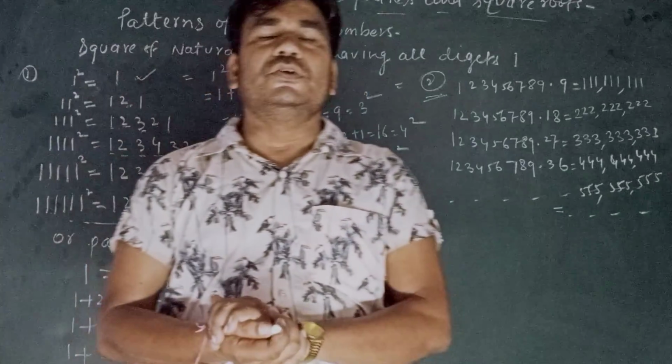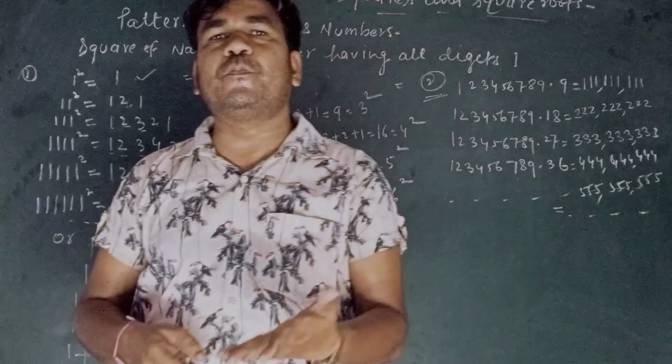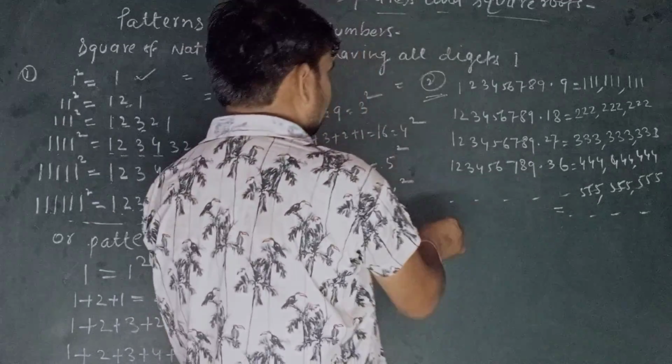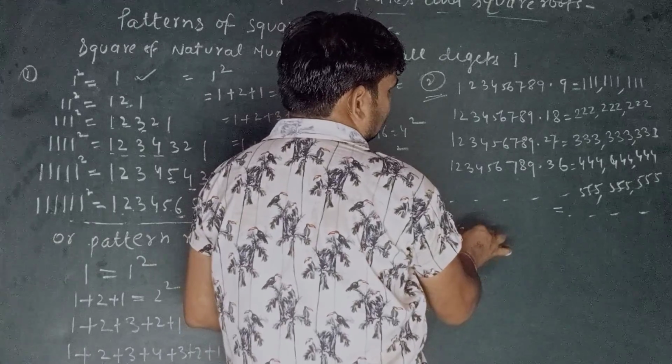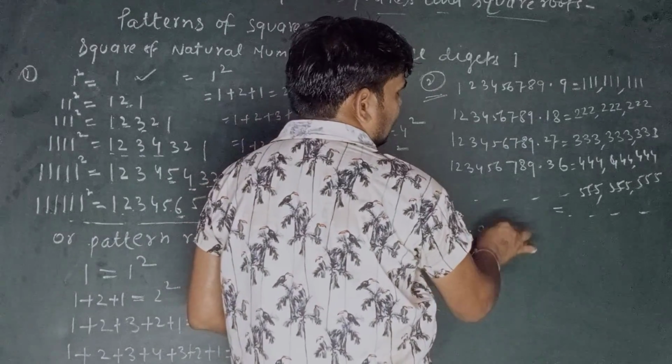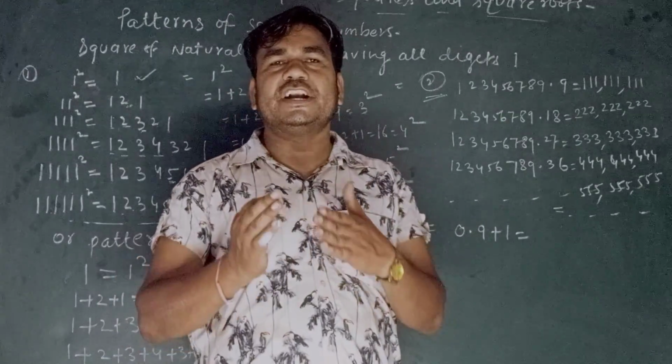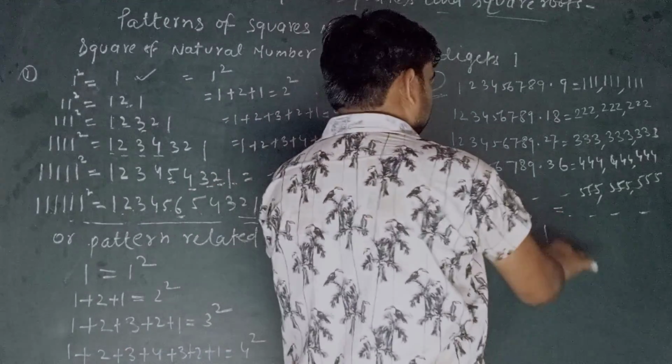After that you see, students, another pattern we get from here, that is 0 multiplied by 9 plus 1. Here you see, students, that is 1.